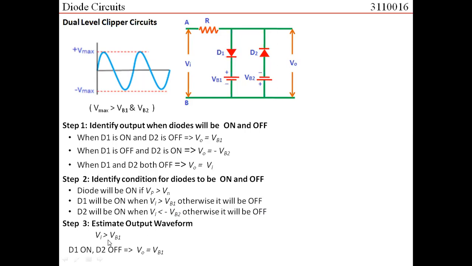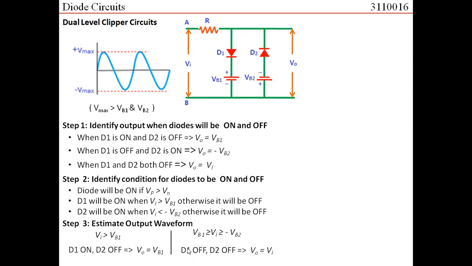So, if the input is greater than VB1, diode 1 would be on. And if diode 1 is on, V0 would be equal to VB1. This is what we have stated in the first step. If the input voltage is between VB1 and minus VB2, that is, the input voltage is less than VB1 but greater than minus VB2, then diode 1 would be off, and diode 2 would also be off.